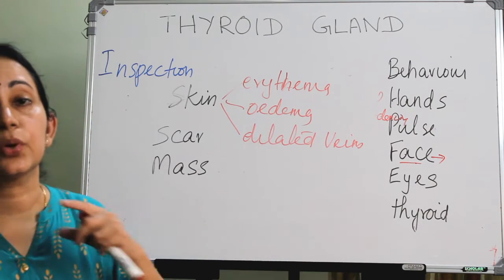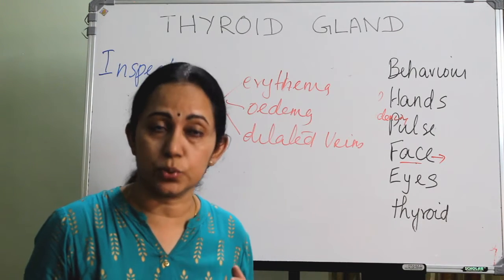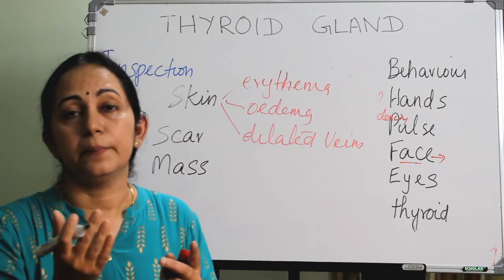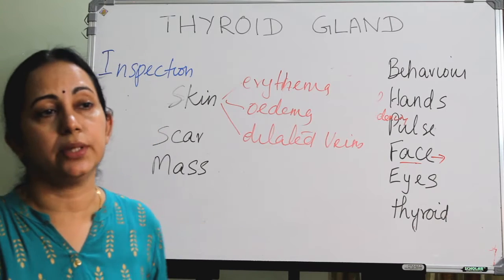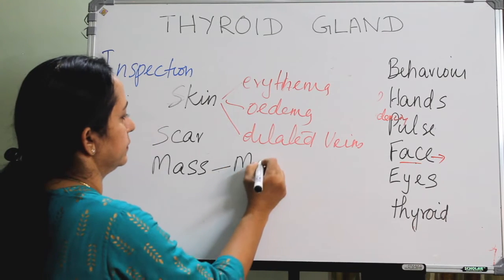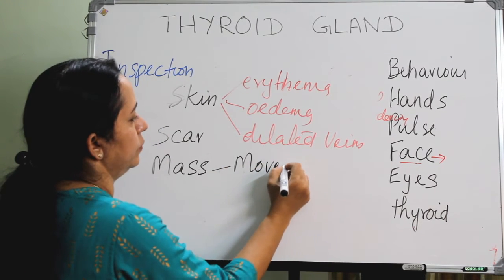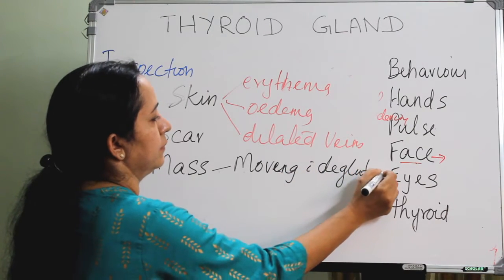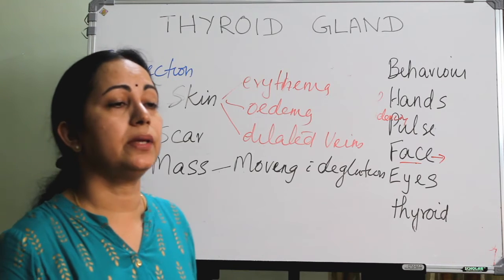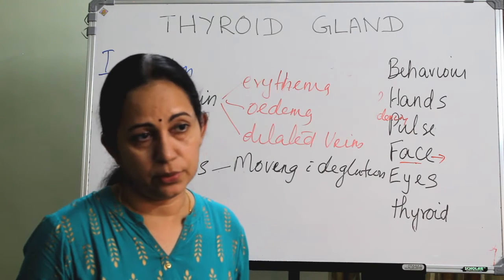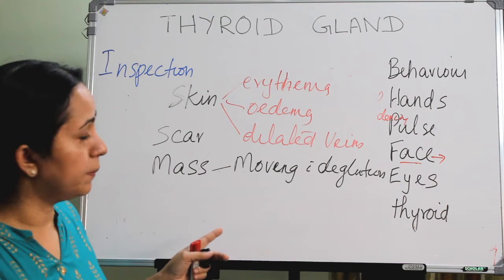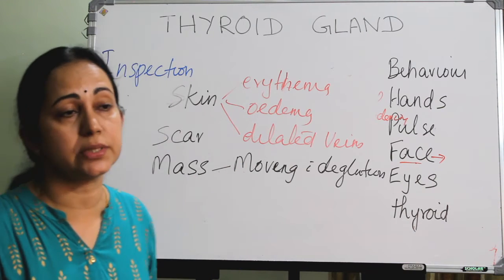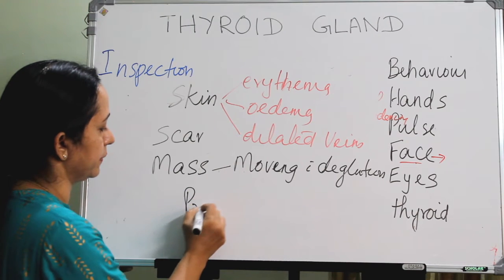There comes the importance of giving water to drink, or asking the patient to swallow, because the thyroid gland is covered by the pretracheal fascia, so it will move with deglutition. The normal thyroid gland will not be visible on inspection. So if a mass is there, look for whether it is moving with deglutition, and also ask the patient to protrude the tongue.